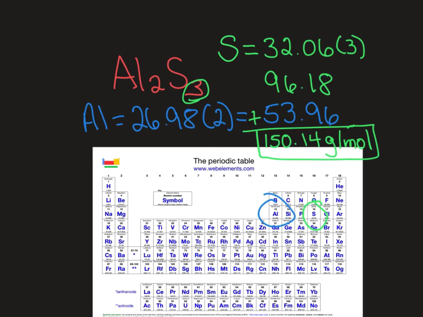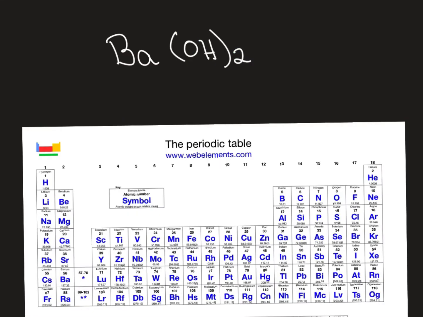So let's do another one. All right, our next compound is barium hydroxide. So in this situation, we have parentheses. And once again, we need to be experts at counting atoms. So if you're a little rusty on that, you need to watch the video on conquering counting atoms. So we will get the mass of barium, the mass of oxygen, and hydrogen, and then we add all of them together.